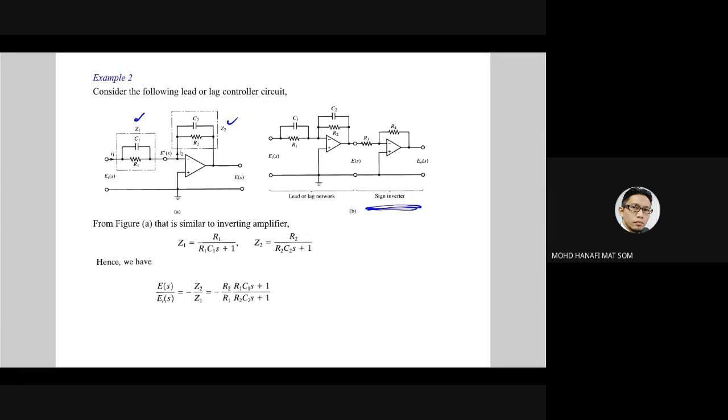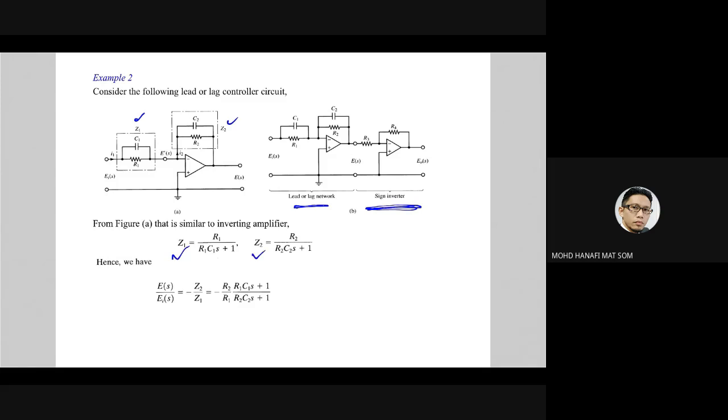So this is a lead or lag network, and then we have another component here, which is the sign inverter, the inverting amplifier.